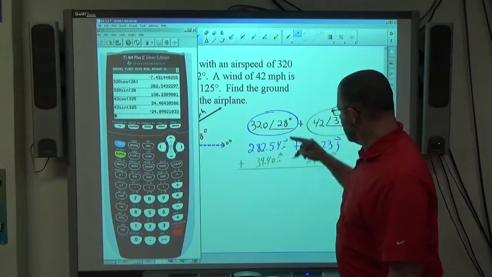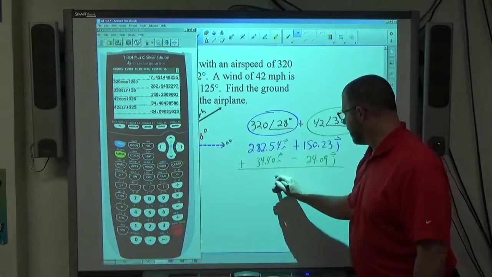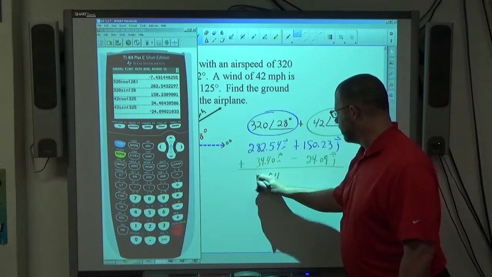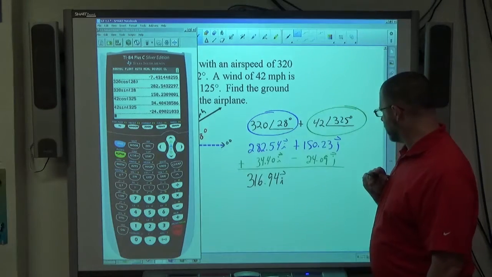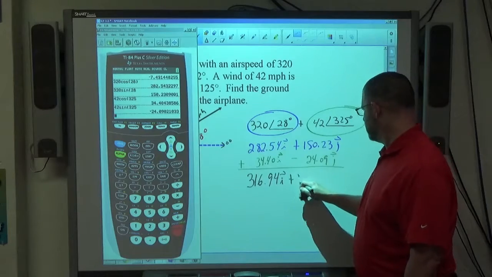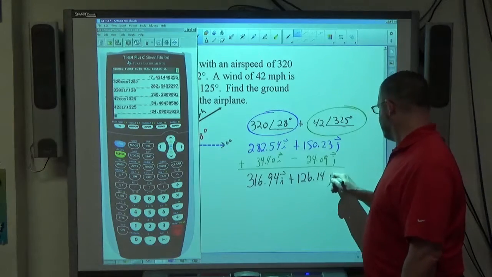And that gets me a resultant vector. If I add them up, that's going to be 316.94I, and these are going to subtract, 126.14J.